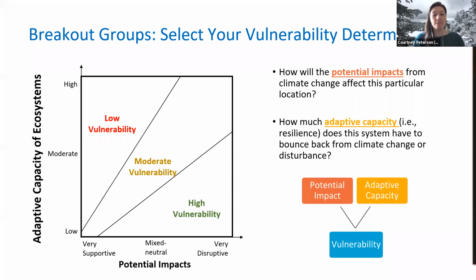You can either do this individually or as a group, but I would like you to use the Annotate feature again to add a stamp on where within this graph you're rating the overall vulnerability for your project. I know that's a little bit complicated if there's multiple topics and multiple systems, but thinking about overall for your project area, based on the adaptive capacity of the system and based on those potential impacts, how would you rate the overall vulnerability?